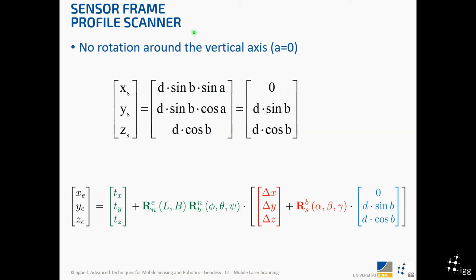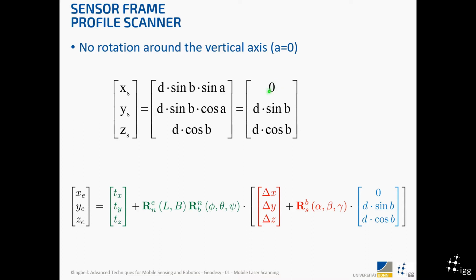If we go now back to this equation here, that means that in a profile scanner we don't have a rotation around the vertical axis, because this means that this A is always 0, so we can write the coordinates in that way, right?